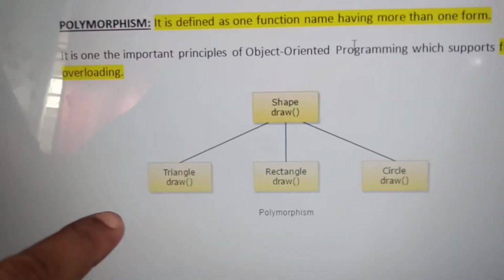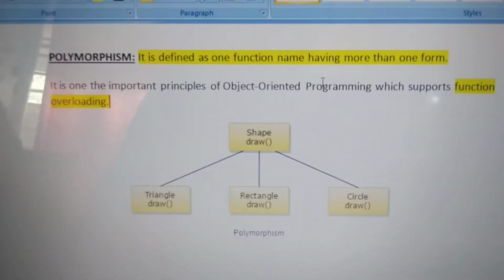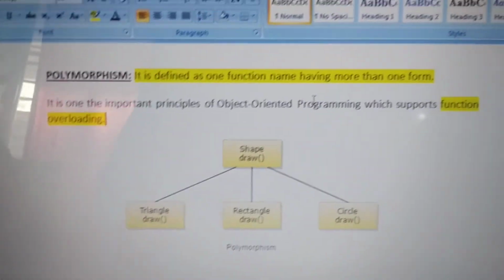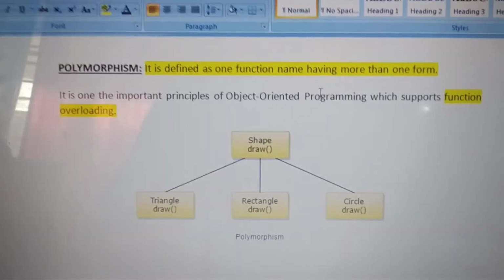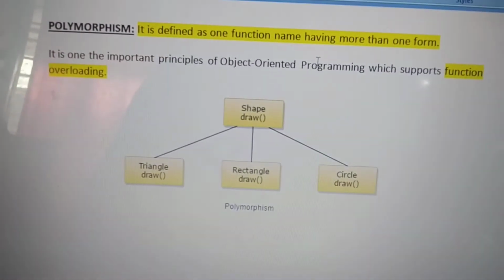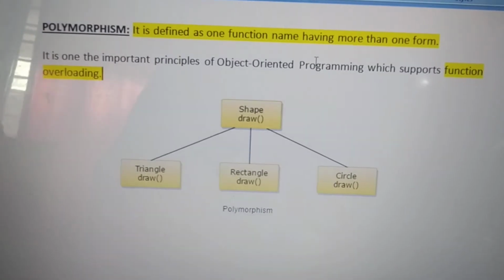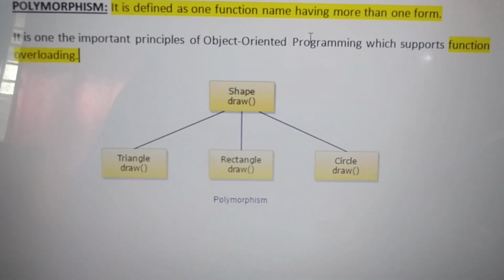Function overloading is nothing but a class having the same function name. The definition is the same for function overloading, which means function overloading and polymorphism are known to each other. Polymorphism is itself known as function overloading, and function overloading itself is known as polymorphism. Clear?